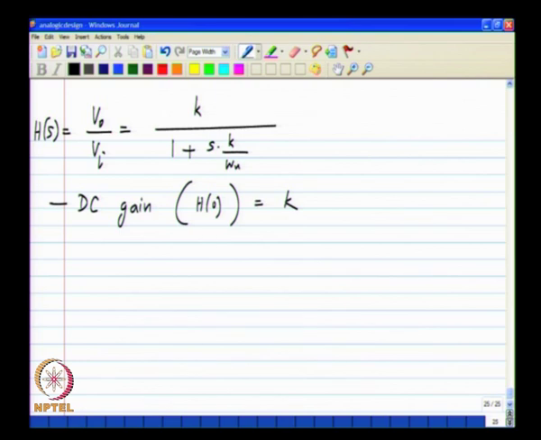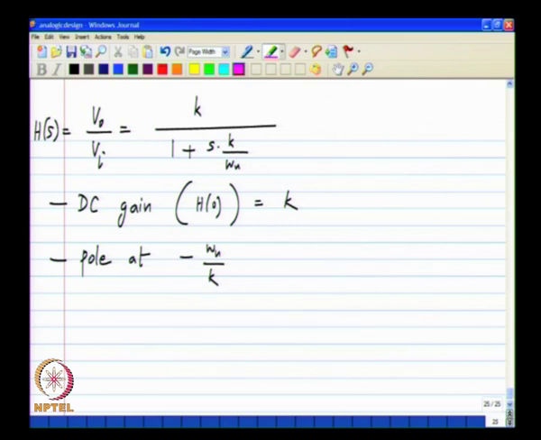Now, it also has a pole at minus omega u divided by k. The pole is the value of s at which the denominator becomes equal to 0. So, you can easily see that for s equal to minus omega u by k, the denominator becomes equal to 0. Okay. So, this is a first order system and we have a single pole at minus omega u by k.